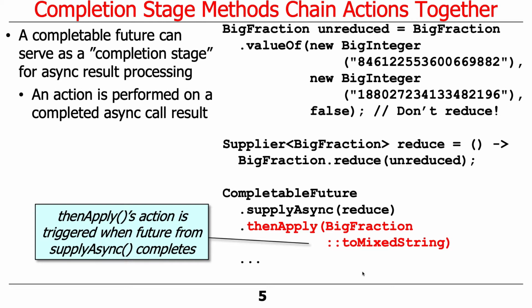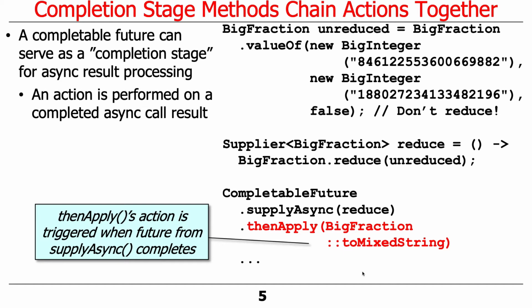Now what we're going to do is first call supplyAsync with reduce, so that's this thing here. So we're going to reduce this big fraction. And then when that's done, when the asynchronous operation that's reducing this big fraction finishes, in other words, when the action reduce passed to supplyAsync completes, then we will apply this operation, which will take the reduced big fraction and convert it to a mixed string.